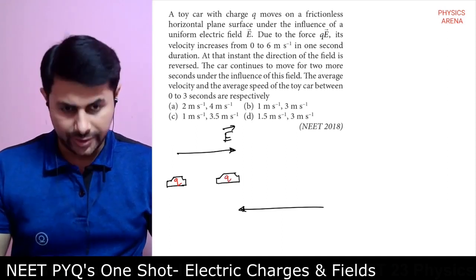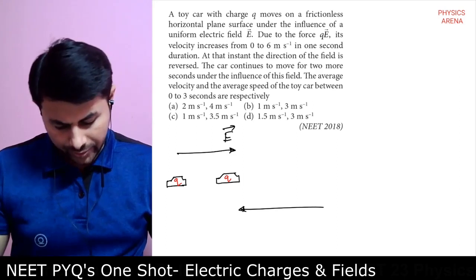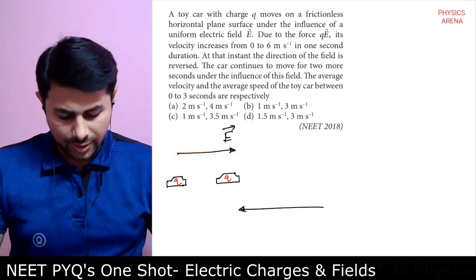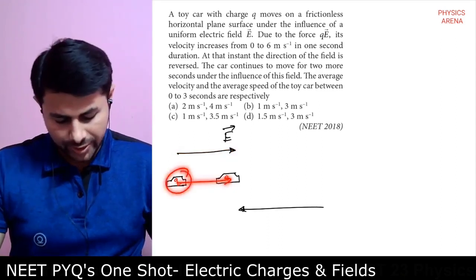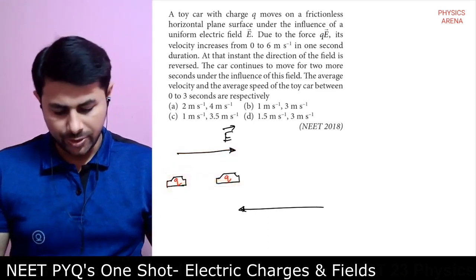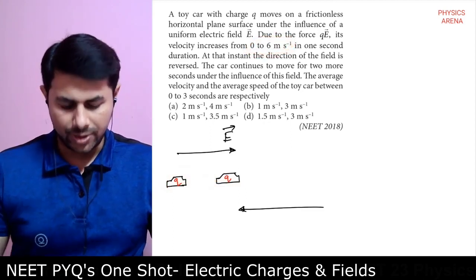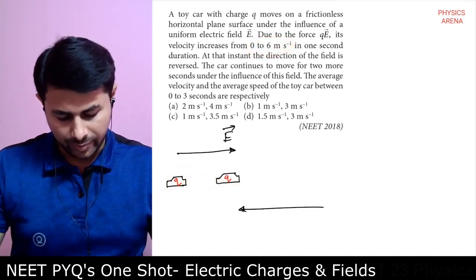Now, due to this electric field, because the electric field will exert some force, the car will move from this point to this point. It moves in 1 second and gains this much speed, from 0 to 6 meters per second.